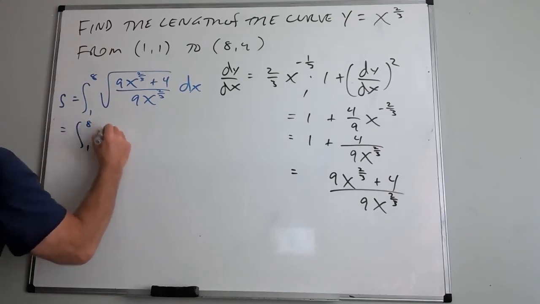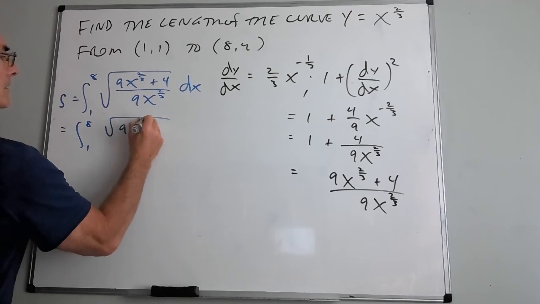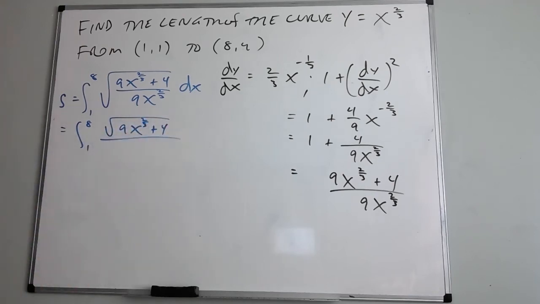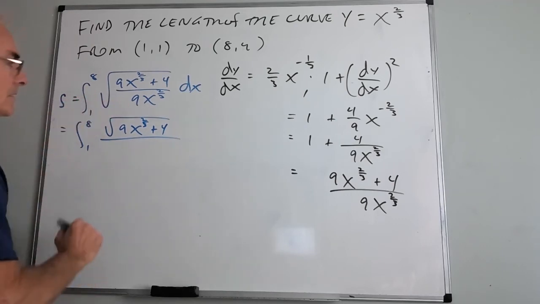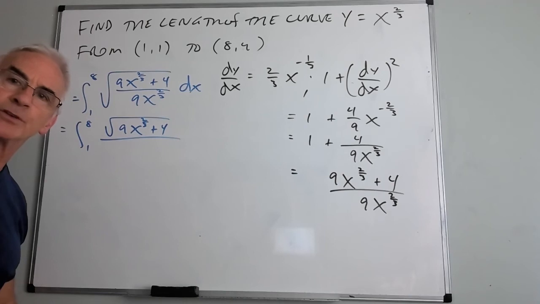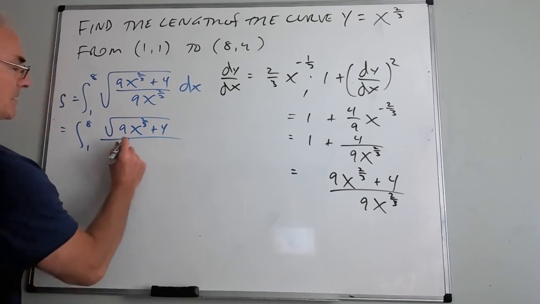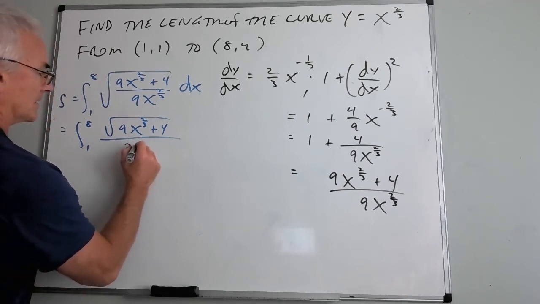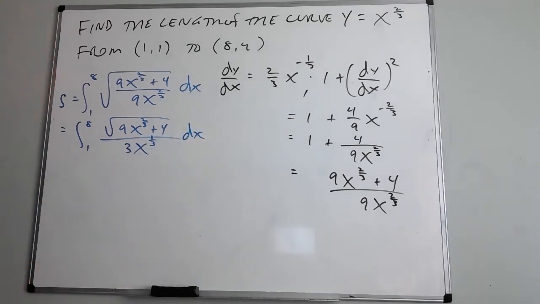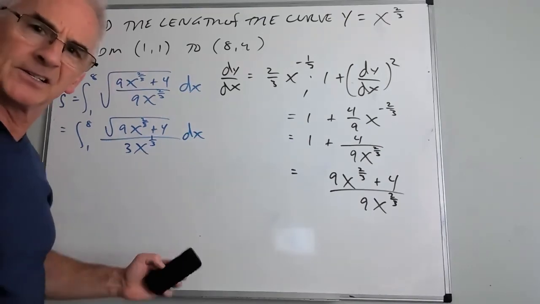Anybody? What should my new denominator be if I want to simplify this a little bit? Anybody want to try that? What is the square root of 9x to the 2/3? 3 times x to the 1/3, perfect. All right, well, okay, I just went from horrible to maybe horribler, if that's a word.